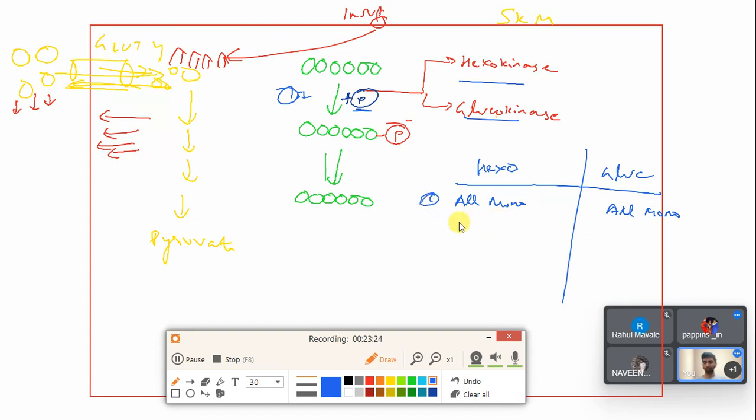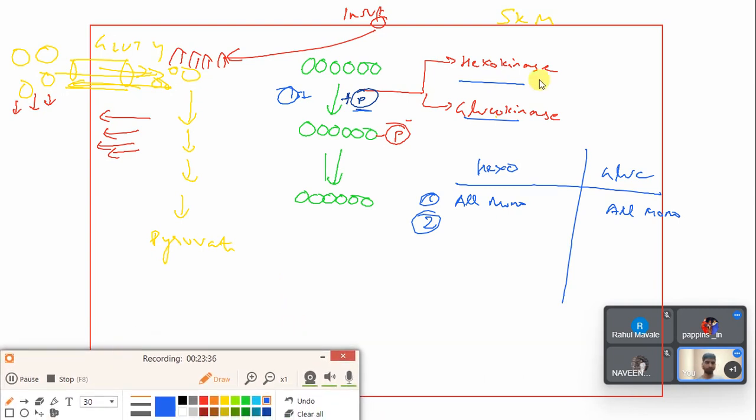Next, let's start with distribution. Both of them act on monosaccharides, both phosphorylate, both are kinase enzymes. Now next, we talk about the distribution.